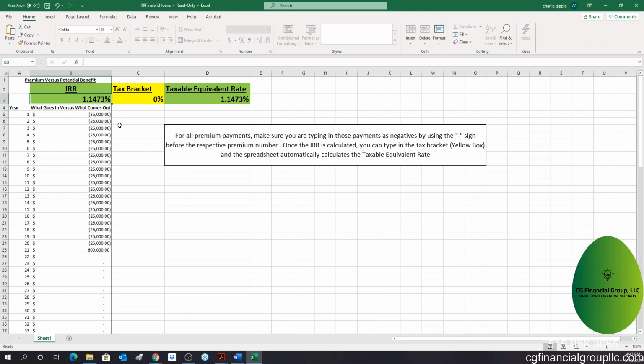Well, yes, the money is still in there working for you, but also there is the principal amount working against you in the form of interest that the insurance company is charging on those loans. And the fact that the internal rate of return here being less than that 3% that it was tells me that the loan interest rate is higher than the rate at which this particular policy is performing, right?